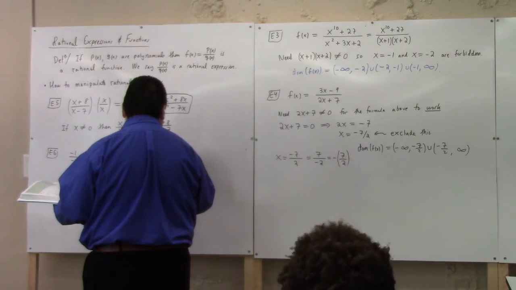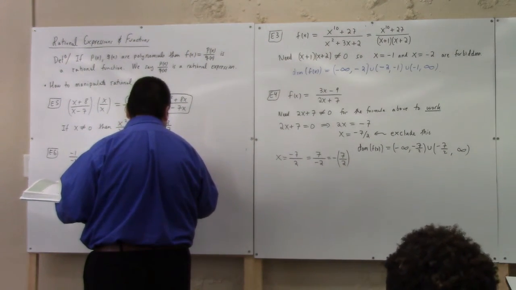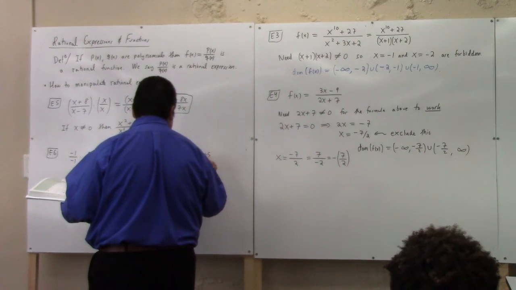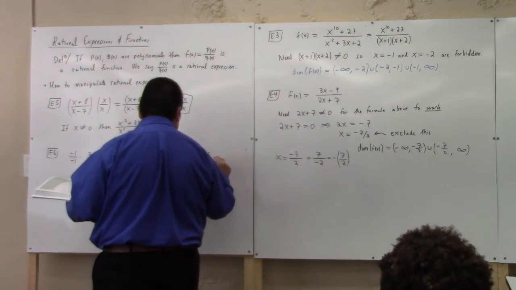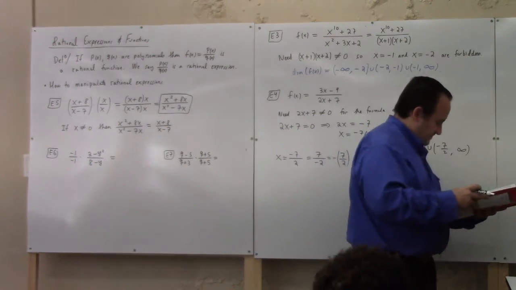Q minus 5 over q plus 3 times q plus 5 over q plus 5. We're supposed to multiply.